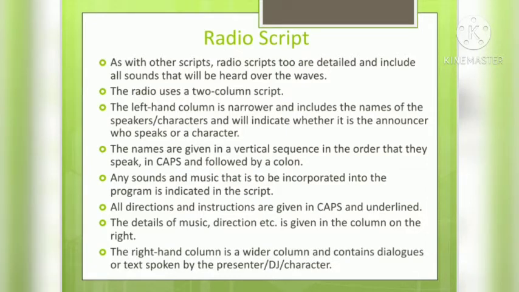So the script of a radio is written in two columns. The left-hand column is narrower and includes the names of the speakers or characters, and will indicate whether it is the announcer who speaks or a character.